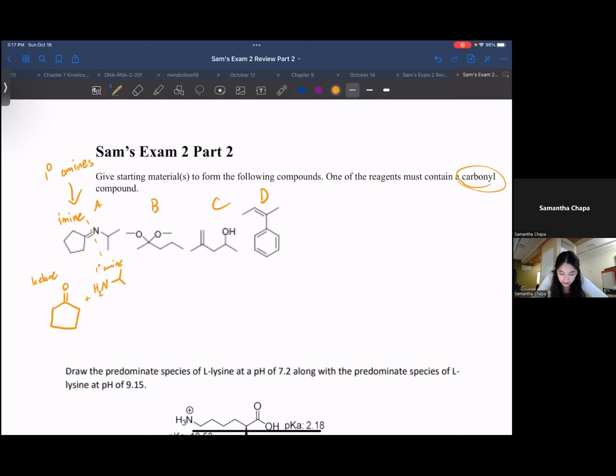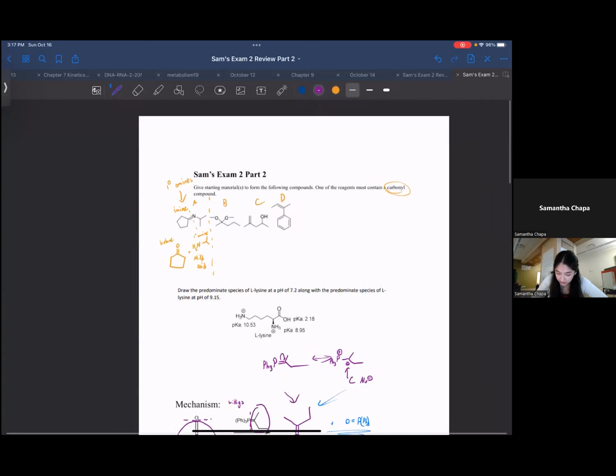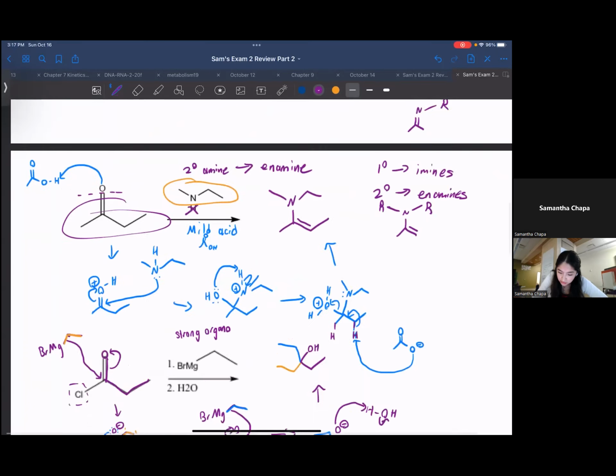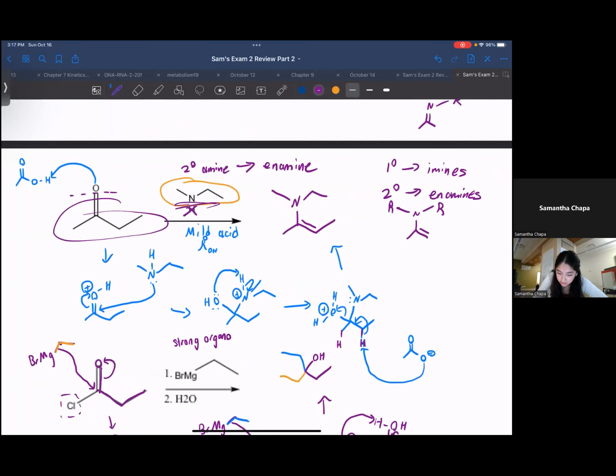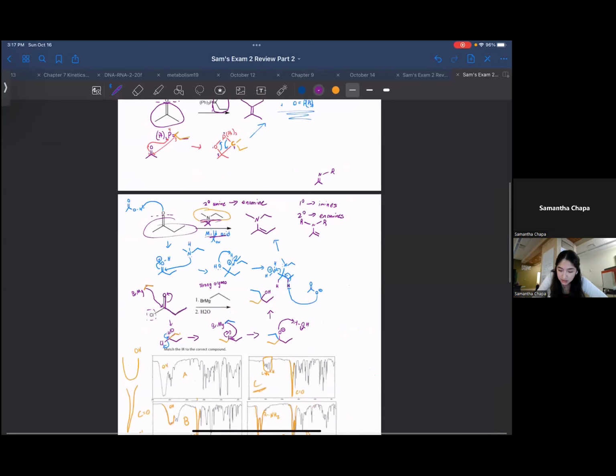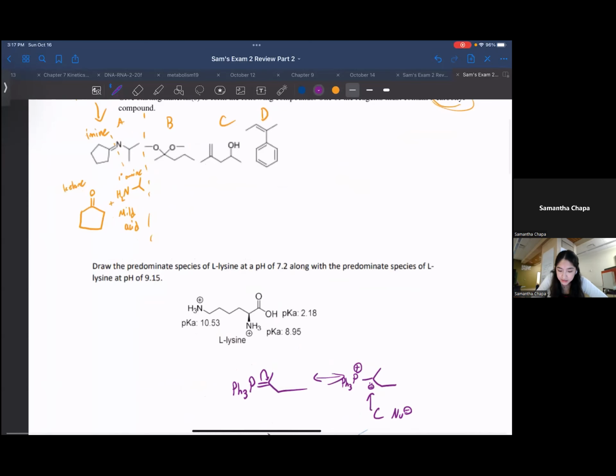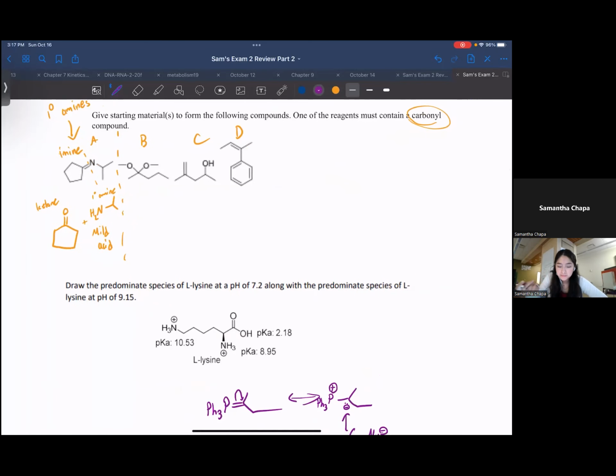And then, just to be safe, I would put a mild acid. So make sure we get all those points right. Because again, it's just like this one over here, where you use your secondary amine and your mild acid. So make sure that you put all the reagents, solvents, catalysts, and everything.